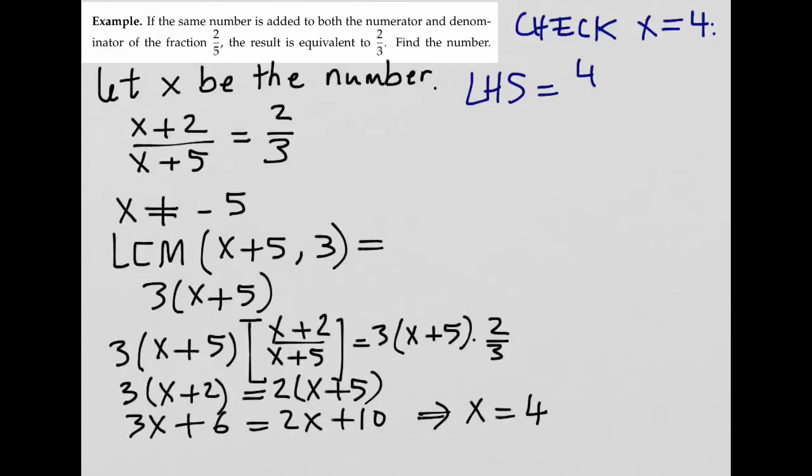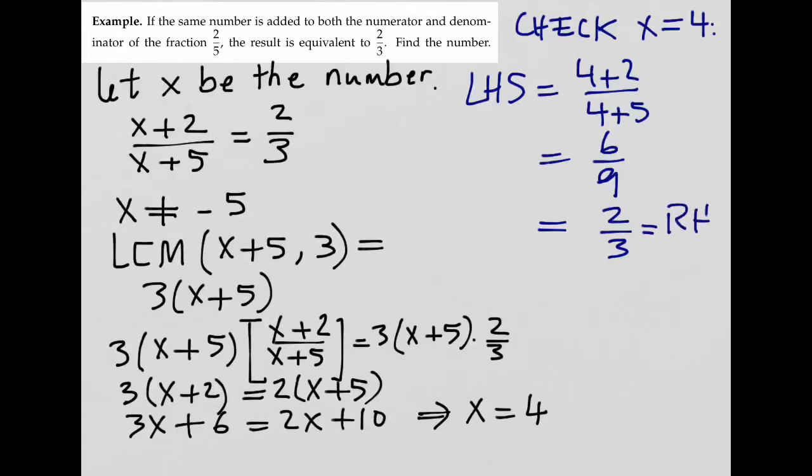We get 4 plus 2 over 4 plus 5. That's equal to 6 over 9, which simplifies to 2/3. And that's equal to the right-hand side. So x equals 4 is the number we are looking for.